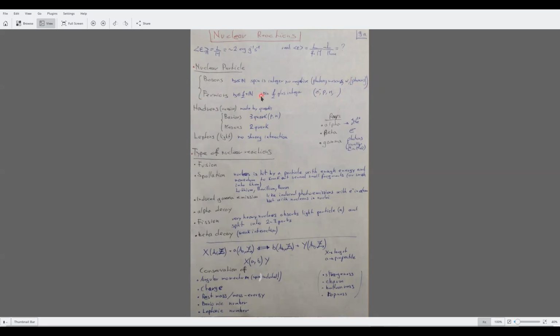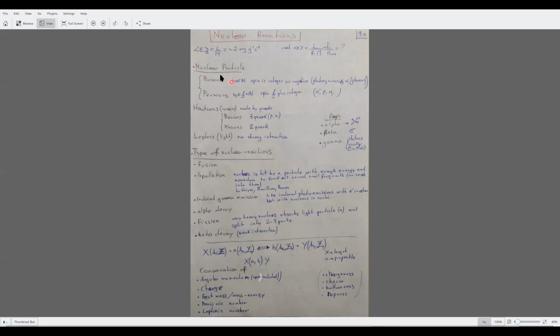The fermions are the ones with a spin number that is half-integer: 1/2, 3/2, 5/2, and so on. And they are usually the other typical particles we see: electron, proton, neutron, and so on. Plus, obviously, their antiparticles.